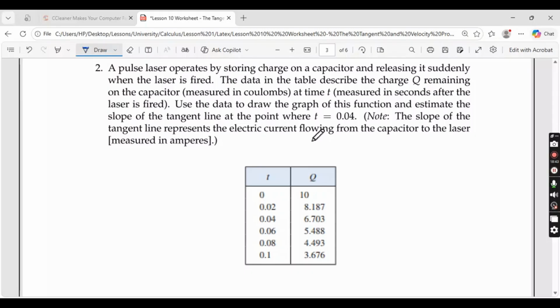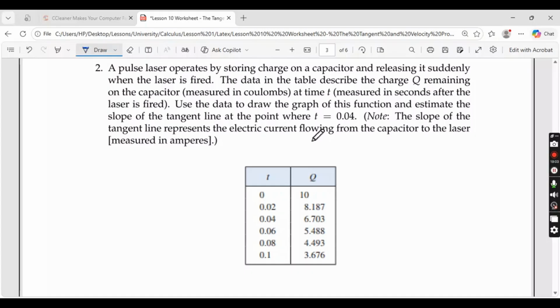The data in the table describes the charge Q remaining on the capacitor, measured in coulombs, at time t, measured in seconds after the laser is fired.